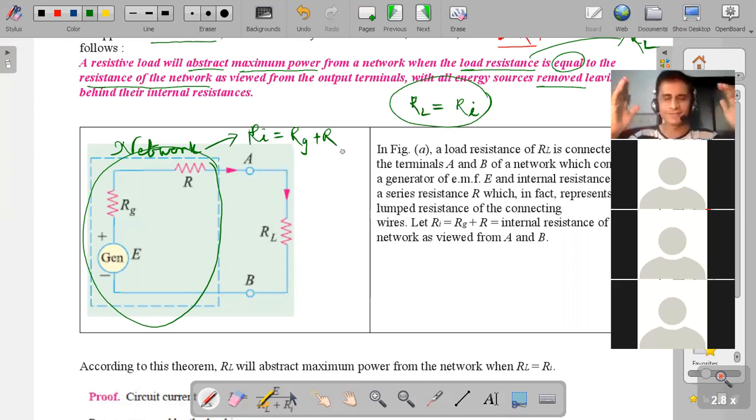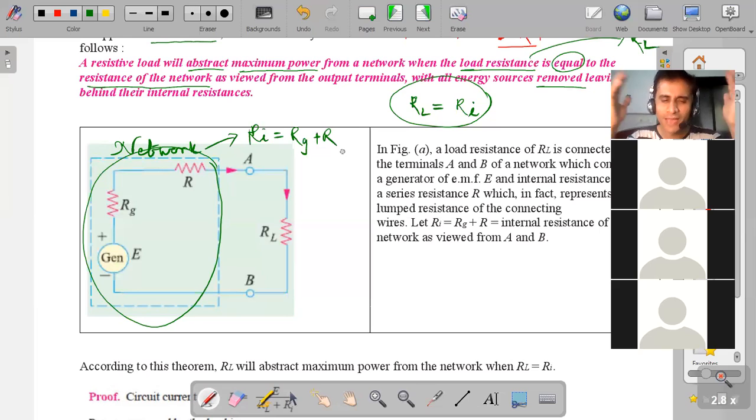Because the internal resistance is Rg connected in series with R. Therefore, the total resistance of that network, which I have circled in green color, is Rg plus R. Understood? Because capital R is connected in series.